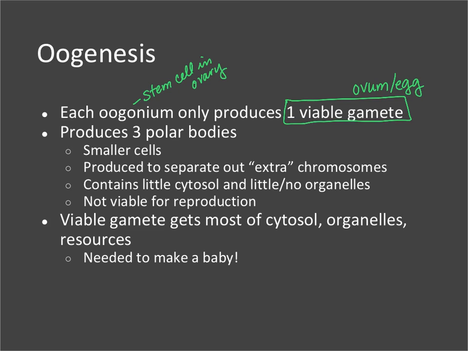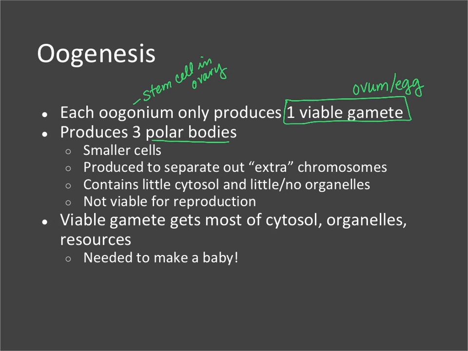The other three daughter cells are known as polar bodies, and these are smaller cells. They're produced just to separate out those extra chromosomes to get them out of the way, but they don't have much cytosol and they don't really have any organelles, and they are not viable for reproduction. So it's literally just packages of chromosomes that get thrown away.